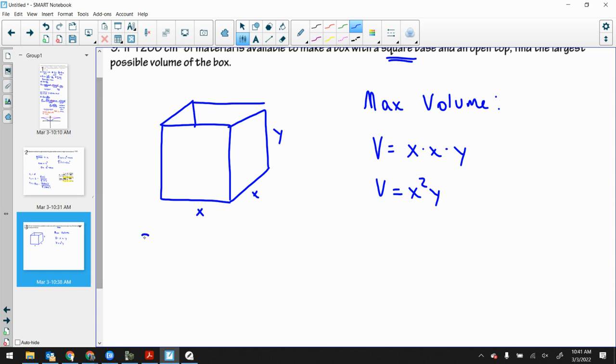So that means my surface area is equal to, okay, think about the bottom is x squared. All 4 sides around the outside, are they all going to be the same? Yes, in this case. Because the front and back are both going to be xy. The left and right are both going to be xy. So this is actually plus 4xy. That's my surface area.